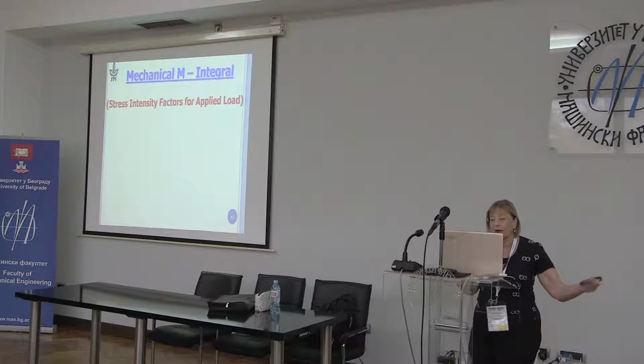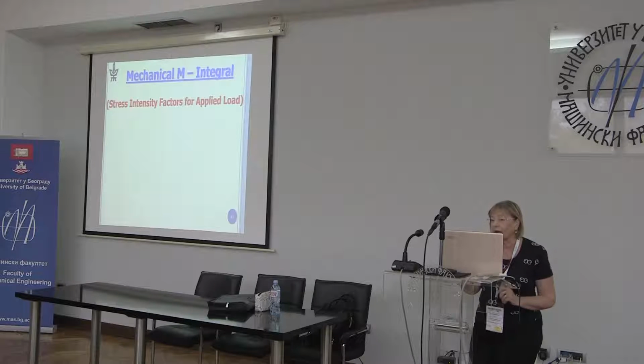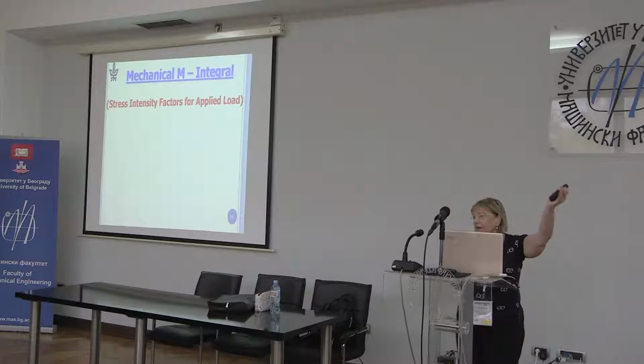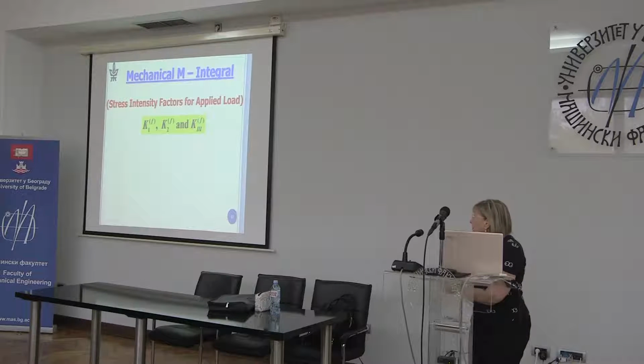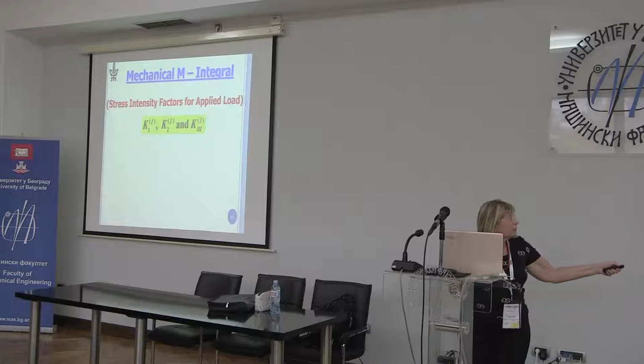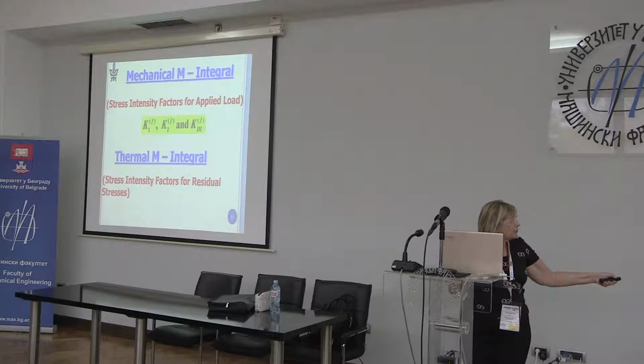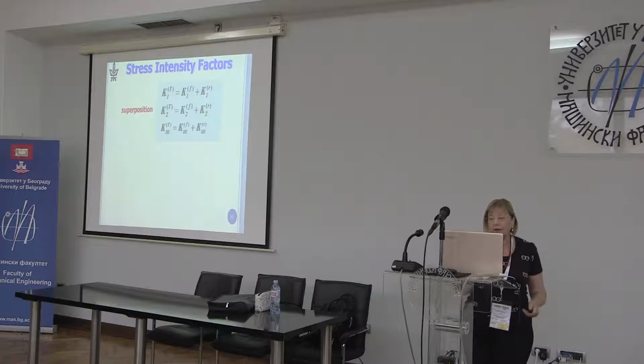So here again we have a mechanical integral. It's exactly like the one we showed you, except now the asymptotic solutions are quite different, but we have them. And so we obtain K1F, K2F, and K3F because of applied load. And then we have a thermal M integral, and we get the stress intensity factors for the residual curing stresses, K1R, K2R, and K3R.